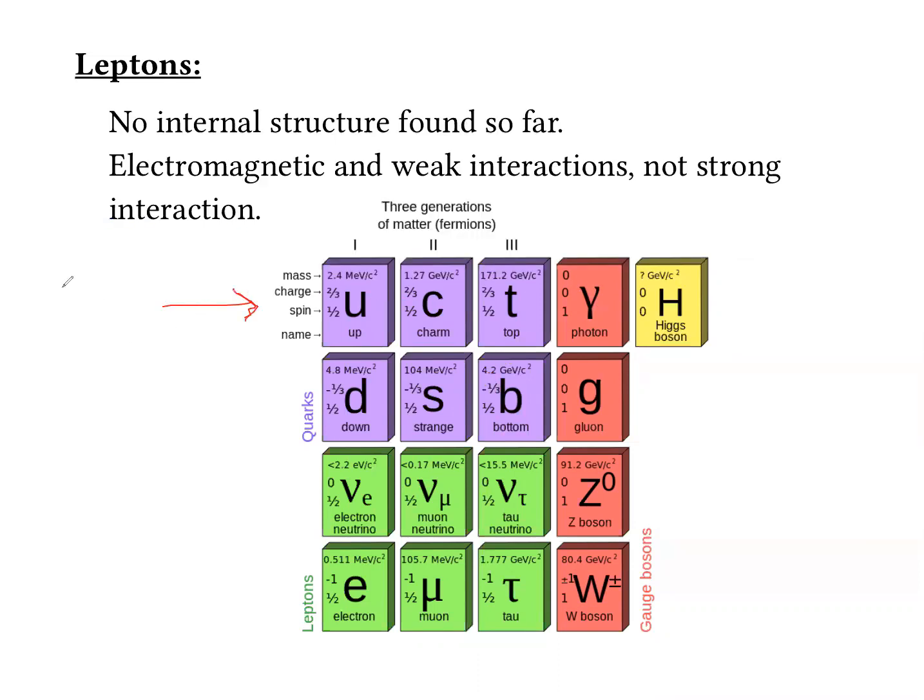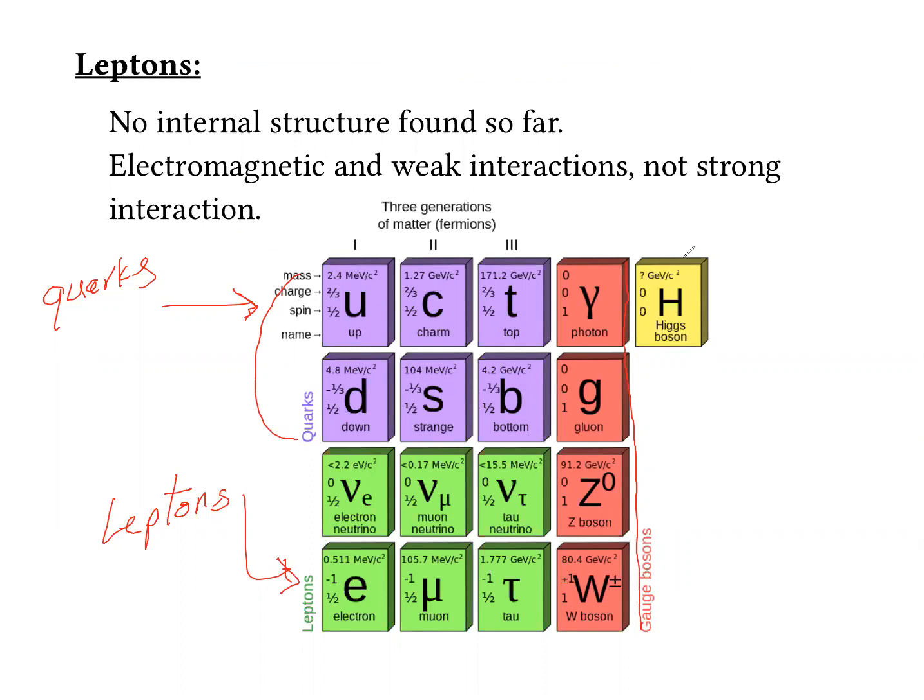So these are the quarks, and these are the leptons. When you combine the quarks in different ways, we form the hadrons, baryons and mesons, which have internal structure. The force carriers only carry the force.